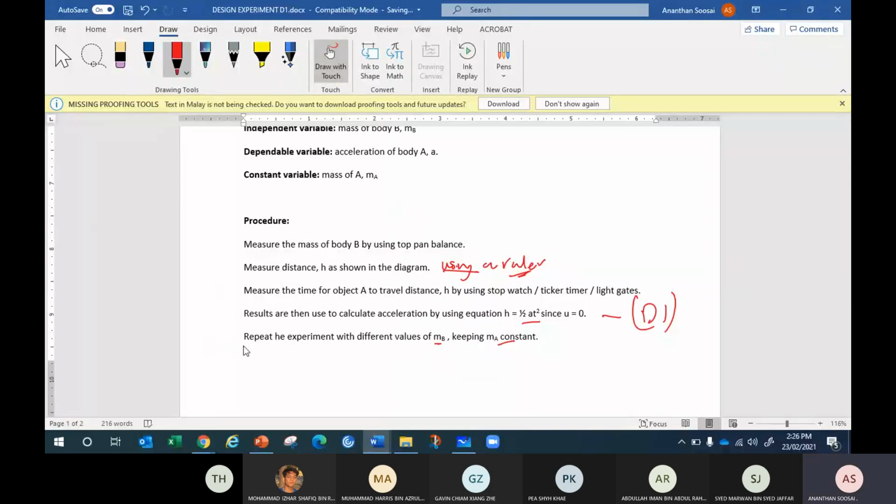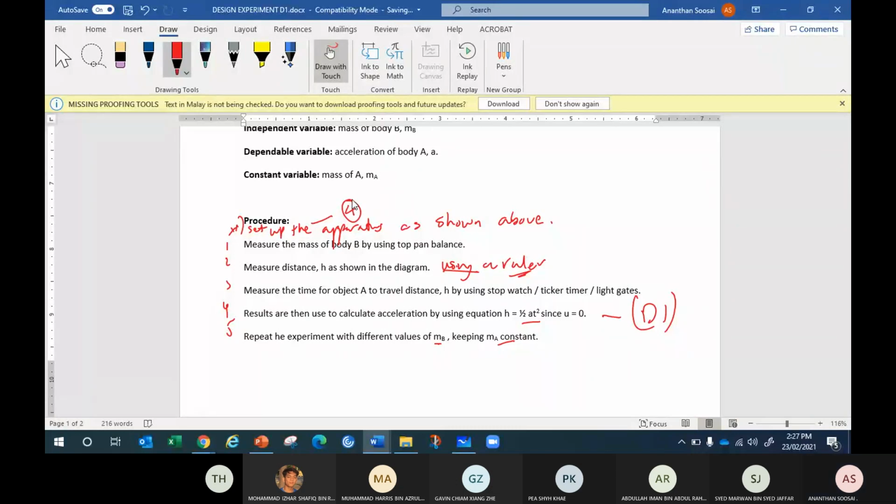This is how you should write the procedure, but put it in point form: 1, 2, 3, 4, 5. You can start the procedure by writing: set up the apparatus as shown above. You can always start your first wording with this. Then you elaborate about the setup, measure the mass, and so on. This carries 4 marks, including the diagram.